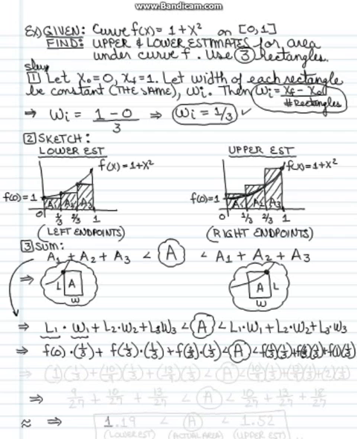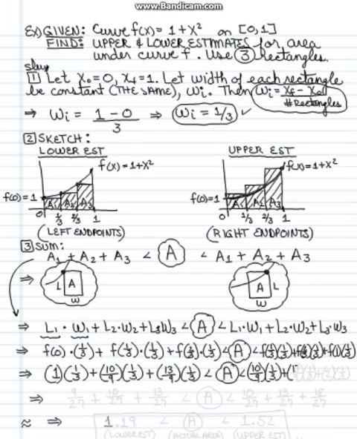Okay, so now let's actually evaluate the function, and we're using the given curve f of x equals 1 plus x squared. That's going to give us f of 0, putting x equals 0 into the function, and we get 1 times the width 1/3. And then the function evaluated at 1/3 gives us 10/9 times the width 1/3, plus the function evaluated at 2/3 gives us 13/9 times the width 1/3.